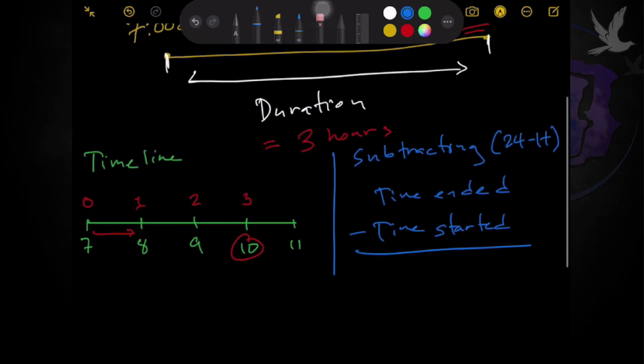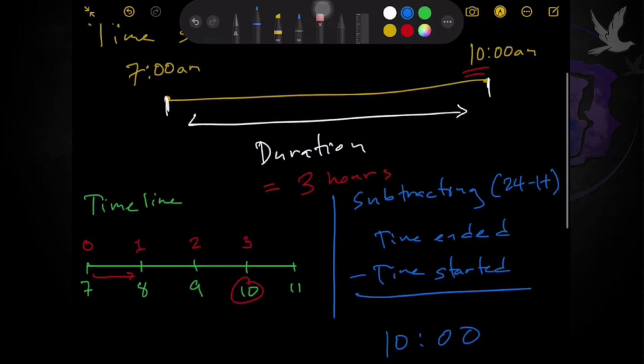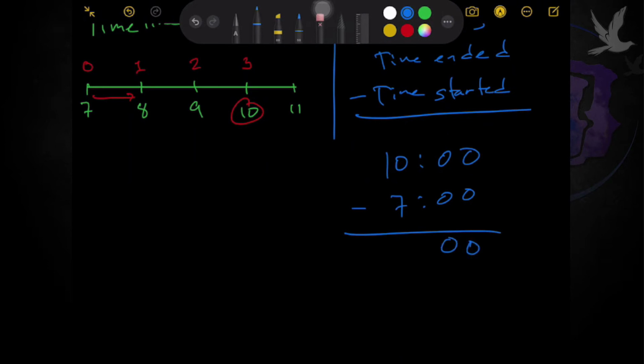Okay, our time ended is 10 a.m. minus our time started, which is 7 a.m. So subtracting this is equivalent to 0, 0. Again, in time, these two parts are two different groups, because you cannot borrow from minutes. I mean, technically, it's not how you normally subtract numbers. Okay? I'll explain that to you later.